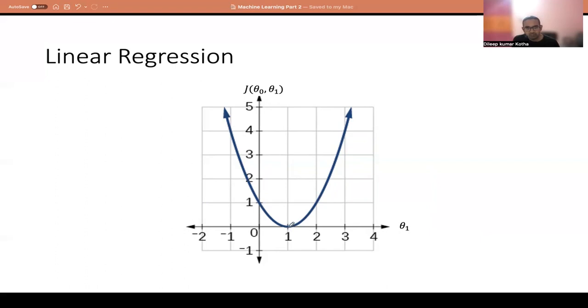So this helped us. I actually went from hypothesis to cost function, but the correct way is to calculate this cost function such that where the cost function will be minimum, those parameters you will fit into our hypothesis. Because here we made theta 0 as 0 for a single parameter, the cost function will look like a parabola.